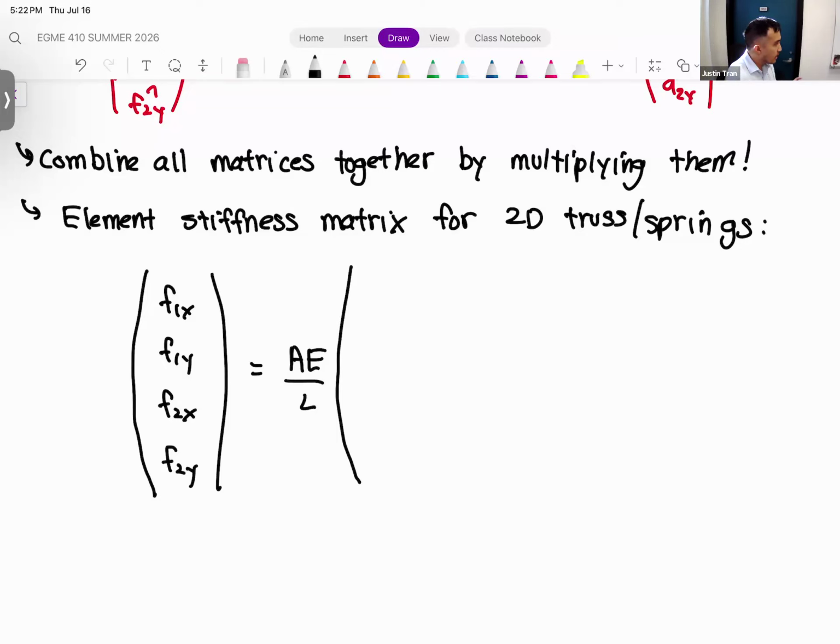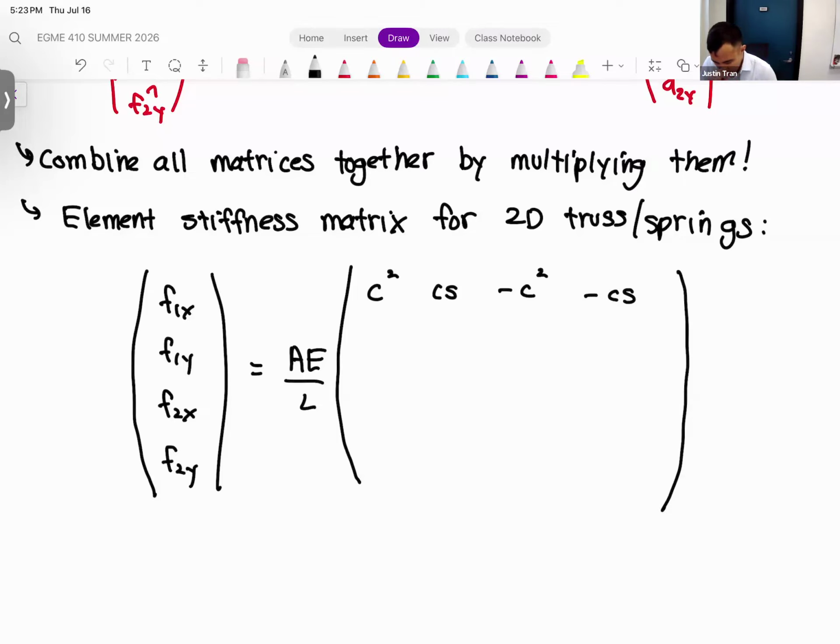Then we have this matrix that is going to involve a lot of sines and cosines. The matrix is the following. We have cosine squared, cosine times sine, minus cosine squared, minus cosine sine. That's the first row, the only row that I'm going to write in its entirety.